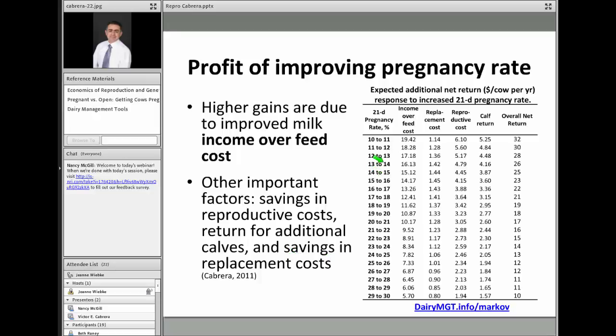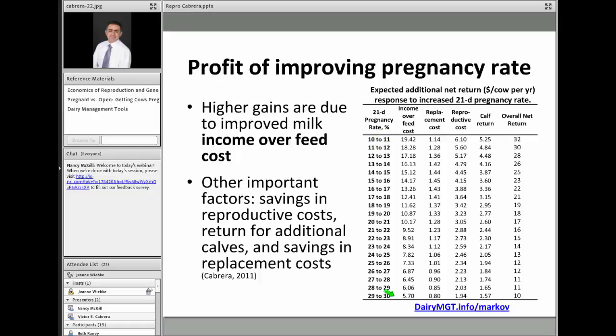You can see here in this table the 21-day preg rate change, for example, here from 10 to 11%, and here at the bottom of the table between 29 and 30%. When you increase from 10 to 11%, for a representative farm for Wisconsin, we are gaining about $32 per cow per year for that improvement.